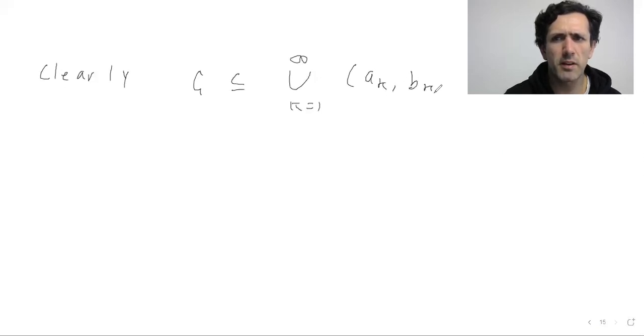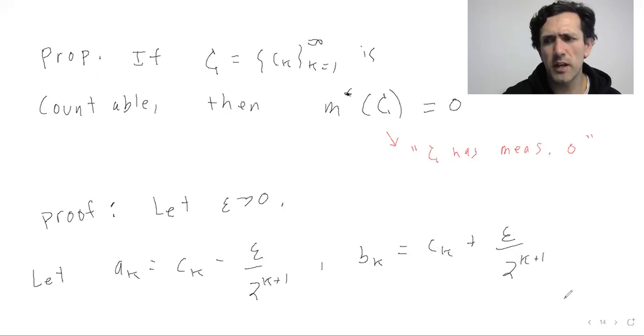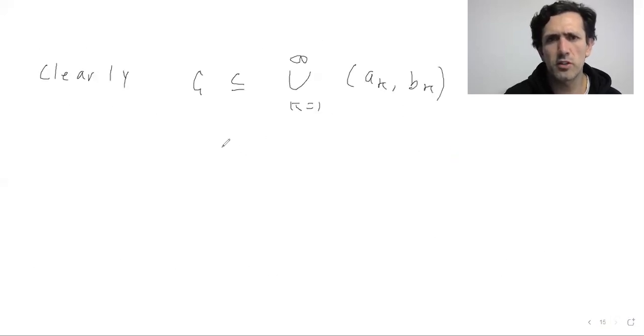Well, there's really not much to prove here, in the sense that this is obviously a cover of C. Each little c_k is in (a_k, b_k). So C is contained in the union of all these, since C is this countable set.